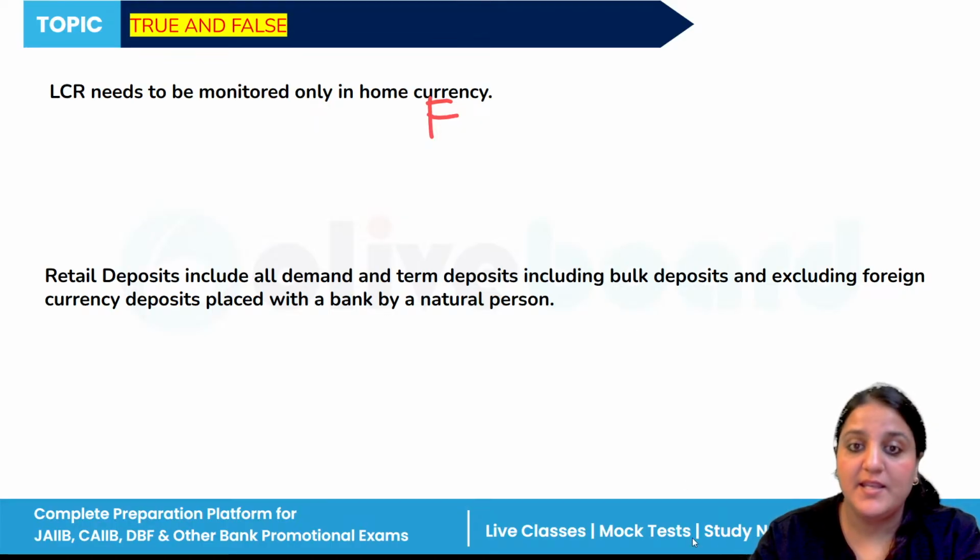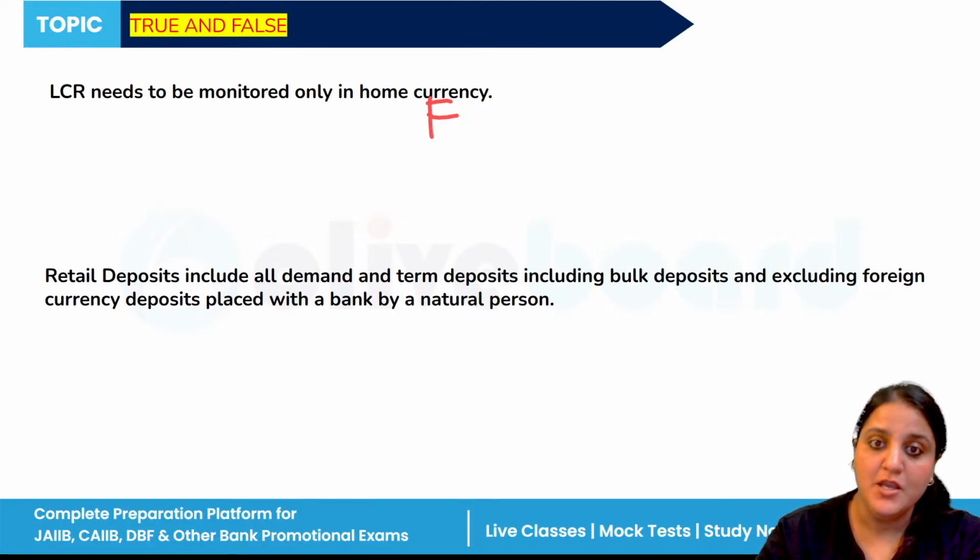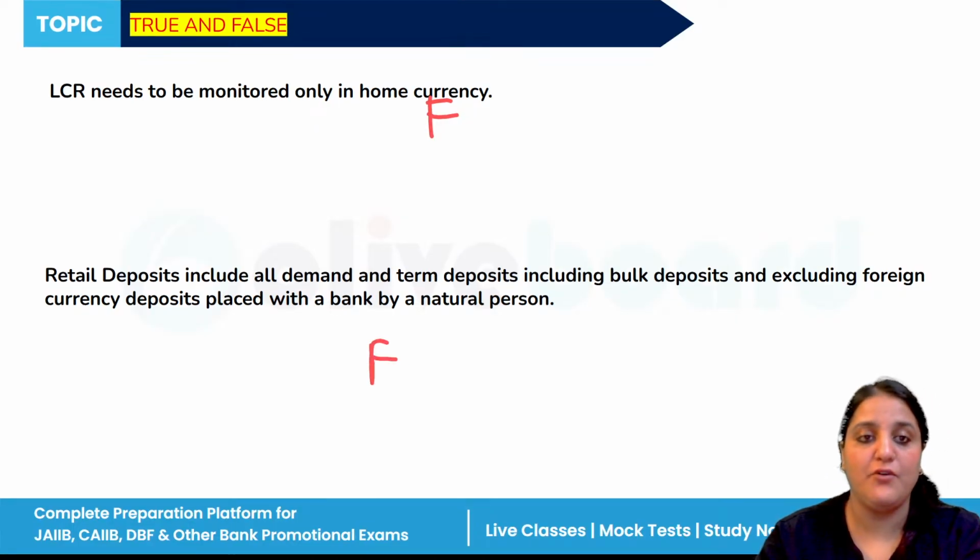False. Retail deposits are the deposits from the natural person, excluding bulk deposits, usually more than 5 crore, and foreign currency deposits. So 2 crore fixed deposit from a corporate, not retail, and 1 lakh saving account, retail. So this statement is also false.